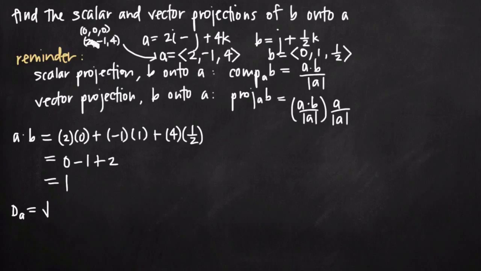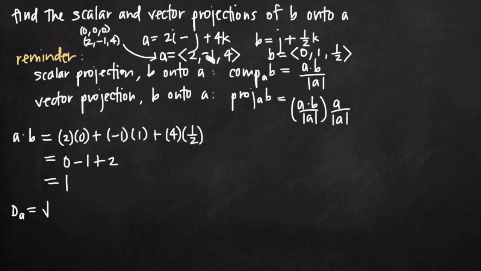And here's where we would say quantity 2 minus 0 squared plus quantity -1 minus 0 squared plus quantity 4 minus 0 squared. But because we always have this minus 0 because we start at the origin, it really isn't necessary to write that all out because it's just going to simplify to 2 squared plus -1 squared plus 4 squared.